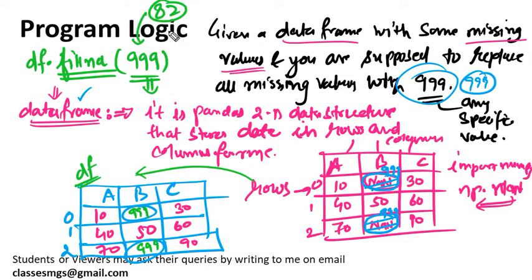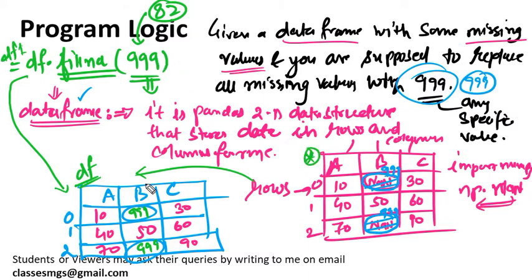If you want to replace all those NaN values with 82, then you will pass 82 here. This will return a new data frame that will have 999 in place of the NaN values. It will not change the original data frame, remember this.